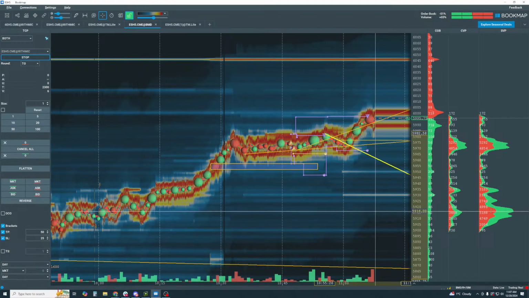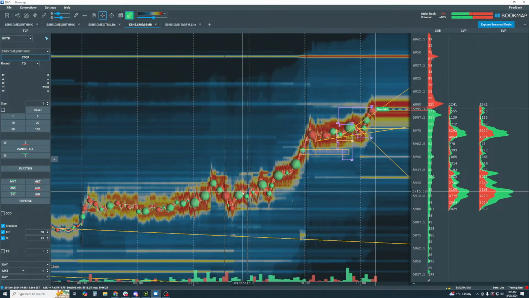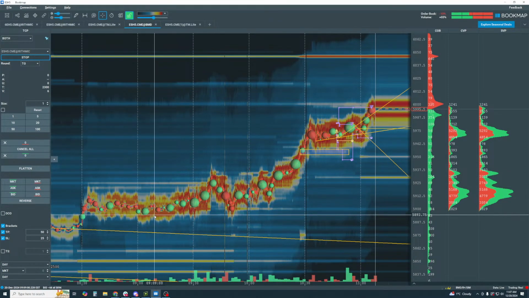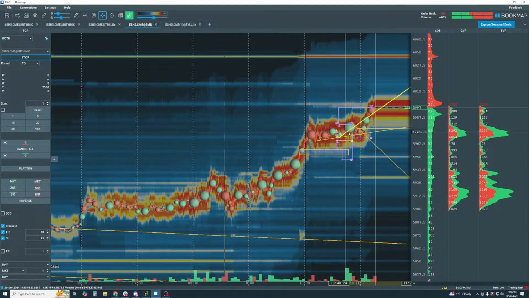Okay, so profile for the day, we transacted back and forth in here, and then let's see here. So you see your high volume node down here, all of this volume, and then the move on up, very low volume in here, and then this little kind of sideways action during this webinar.